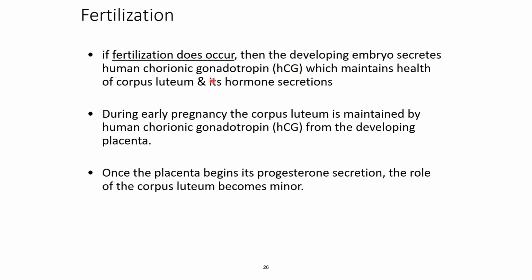HCG will stimulate the corpus luteum and prevent it from dying after day 10 or 13 in the luteal phase of the ovary. So corpus luteum, staying alive, will produce progesterone. This is the most important hormone for pregnancy maintenance.